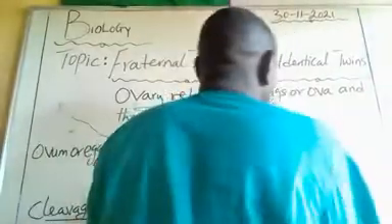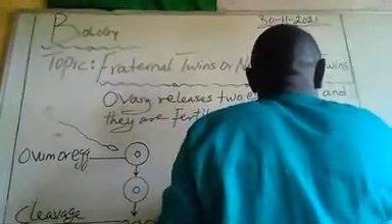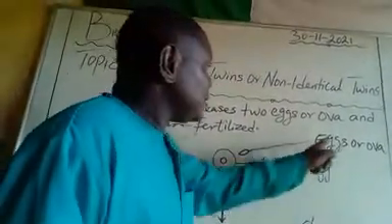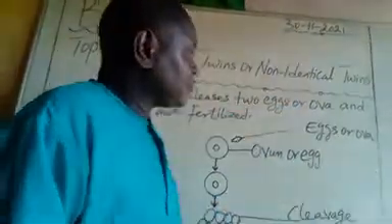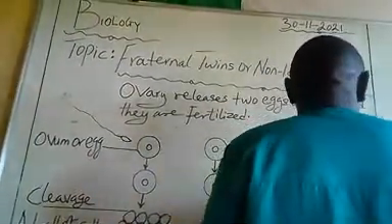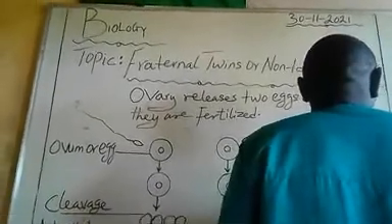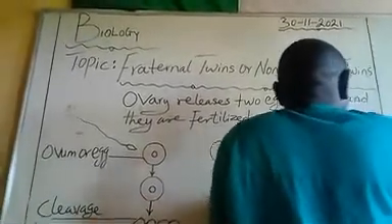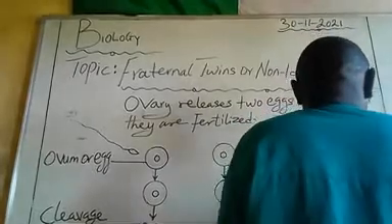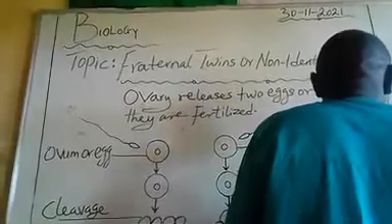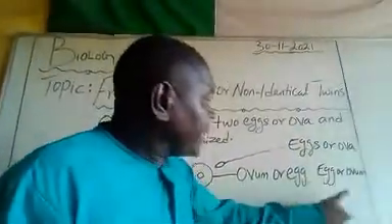For your information, eggs or ova, the plural form of egg is eggs or ova. The singular form is egg or ovum.